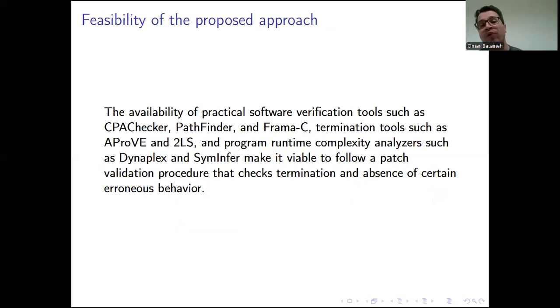The approach is feasible because there are a wide variety of techniques and formal analysis tools that can be employed to check the absence of erroneous behavior and to check proper termination. One of these are termination provers, and others are software verification tools or software model checkers like CPAchecker and Pathfinder, some for C programs, some for Java programs.